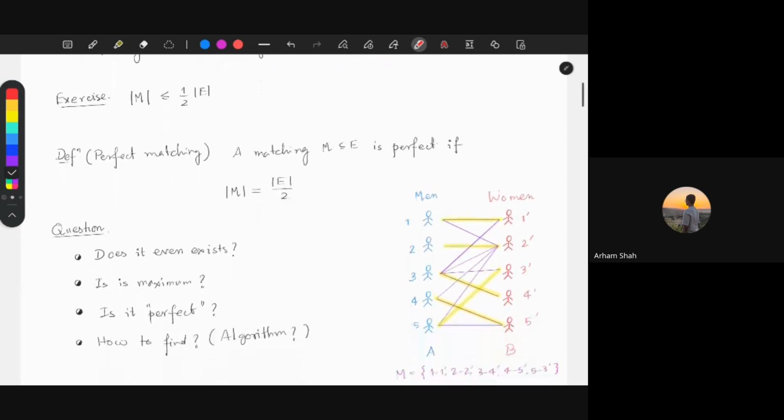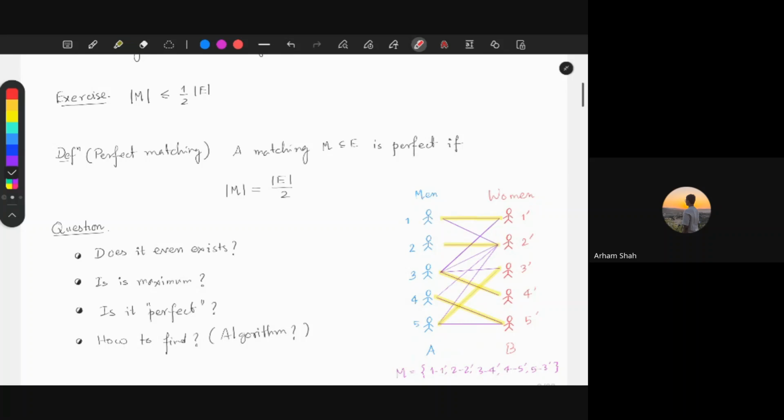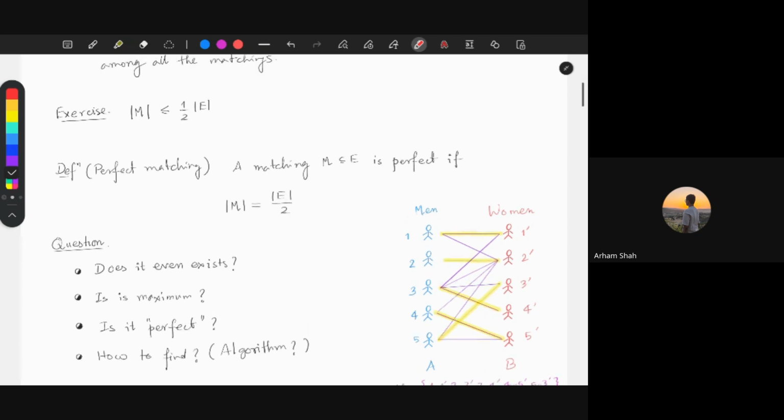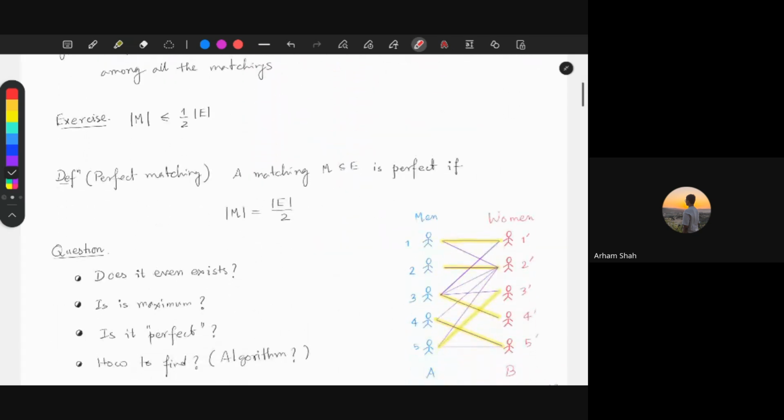In this case, we do have a matching: one is matched to one dash, two to two dash, three to four dash, three dash to five, and four to five dash. And this is a perfect matching actually. Every vertex in this set is matched to one in the other.